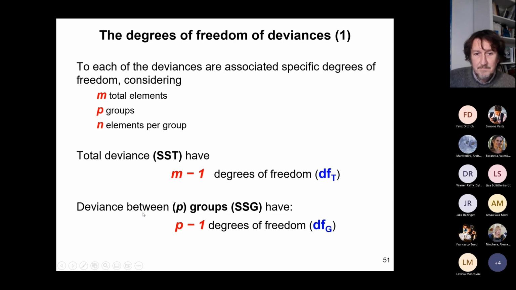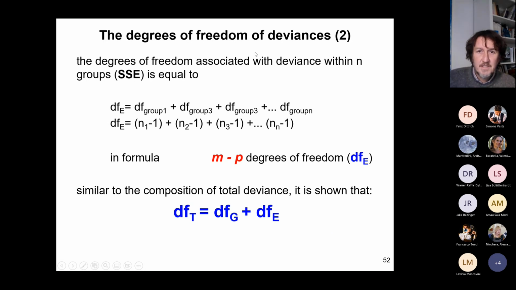The deviance between groups has P groups minus 1, the degrees of freedom for the SSG. And for the SSE it is M minus P degrees of freedom. Similar to the computation, the total degrees of freedom is equal to the sum of the other two.